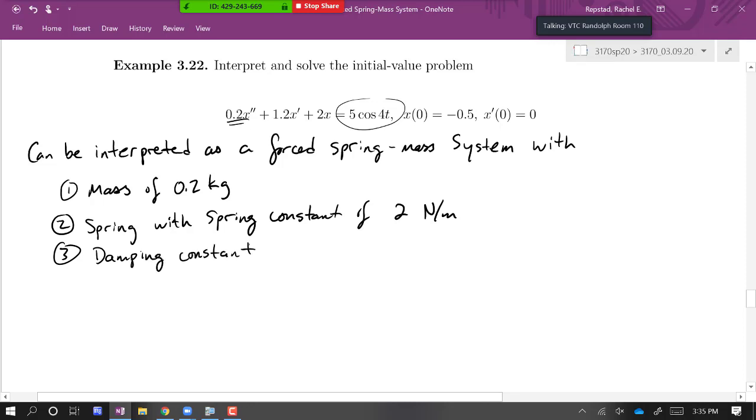The damping constant is always proportional to the velocity, so that damping constant is 1.2. I think those units are like newton seconds per meter, or maybe kilograms per second, depending on whether you're using newtons or kilograms.